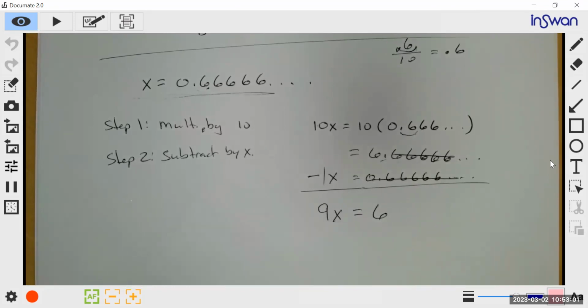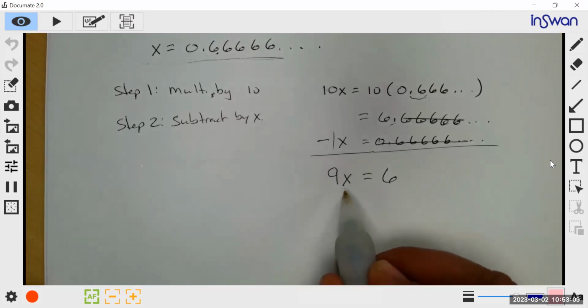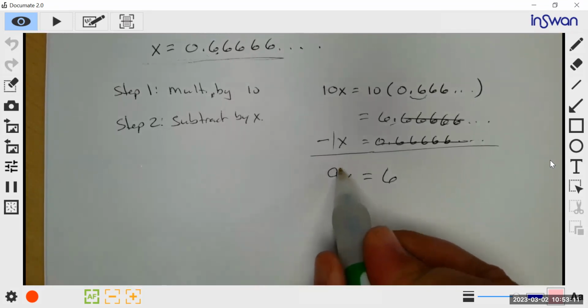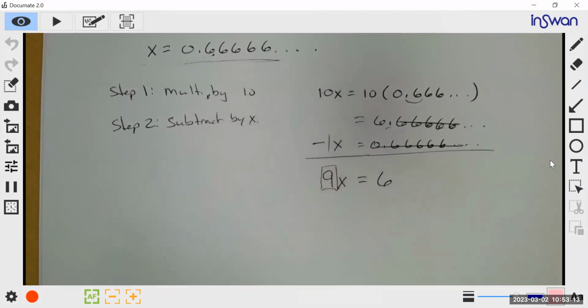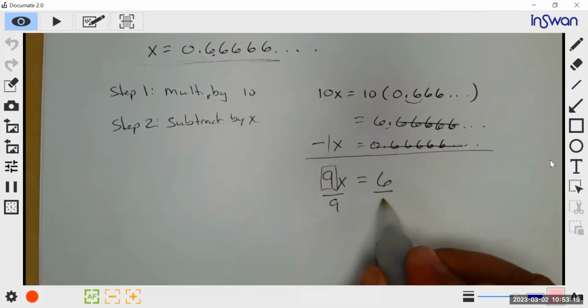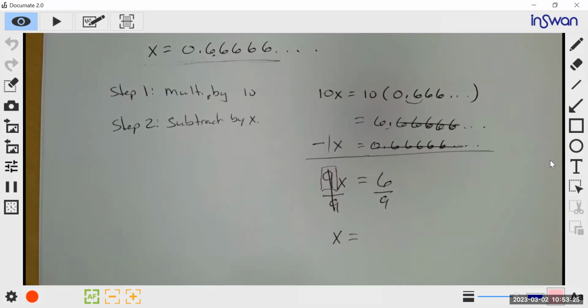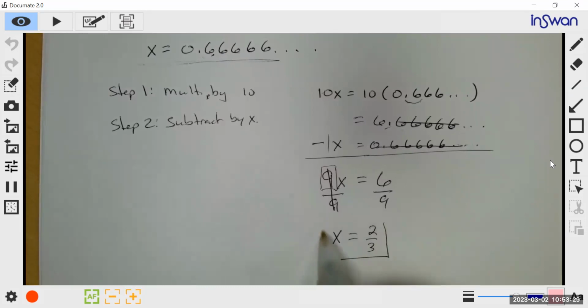Now we can solve for x. How do we solve for x? By 9. We want to get x by itself, so we have to get rid of the 9. Since it's multiplied to x, we do the opposite. Divide both sides by 9, these cancel. 6 divided by 9 becomes 2/3, and there's your fraction.